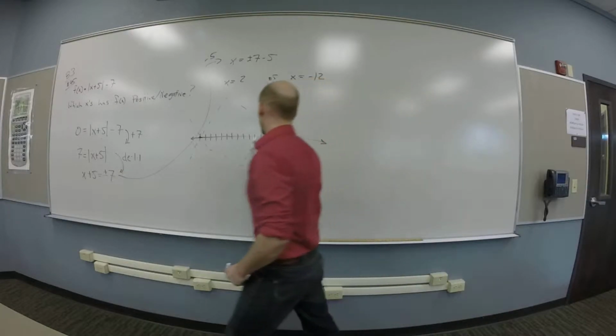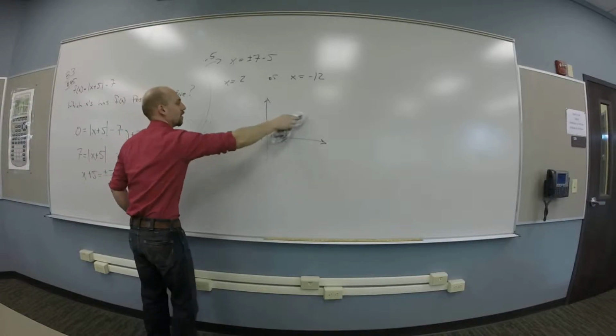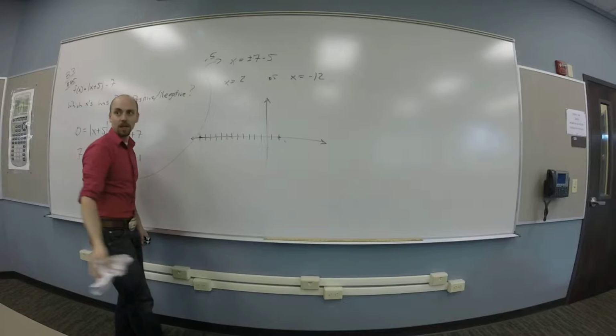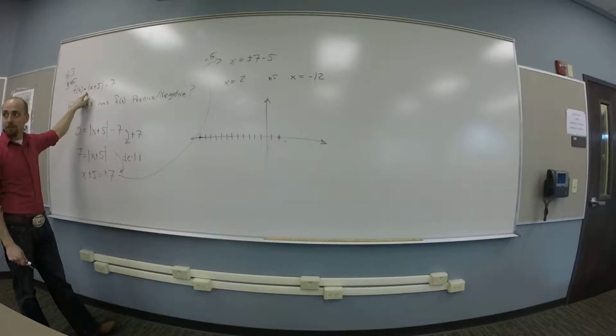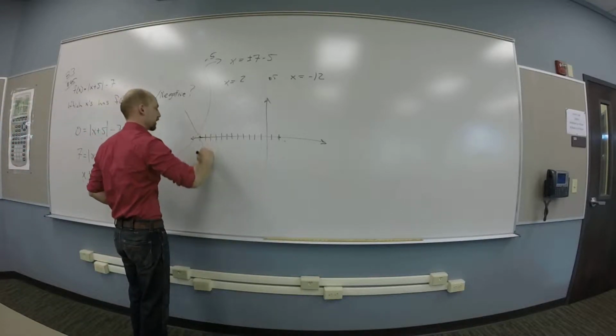It's up. How do you know? Well, there's not a negative in front of the function. Perfect. So because the absolute value has a positive coefficient on it, this thing points up. So I know it looks like this.